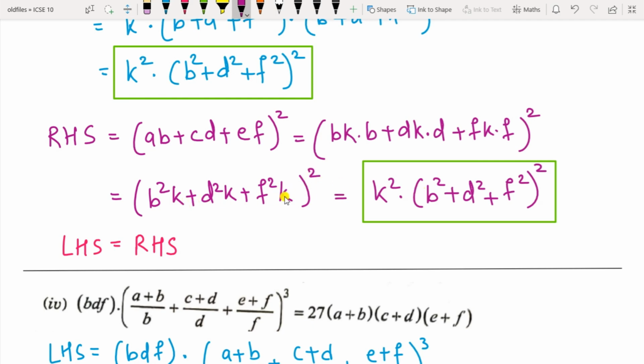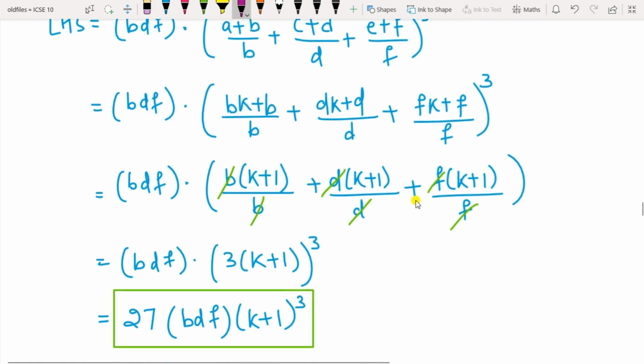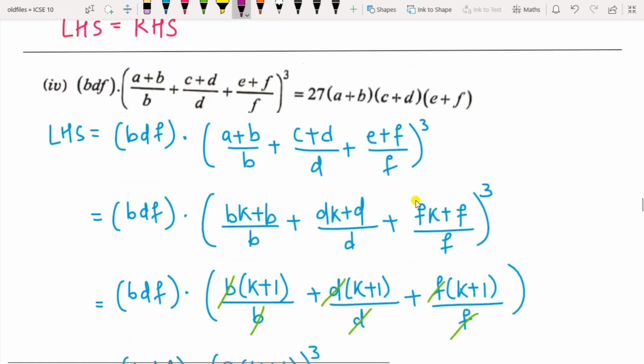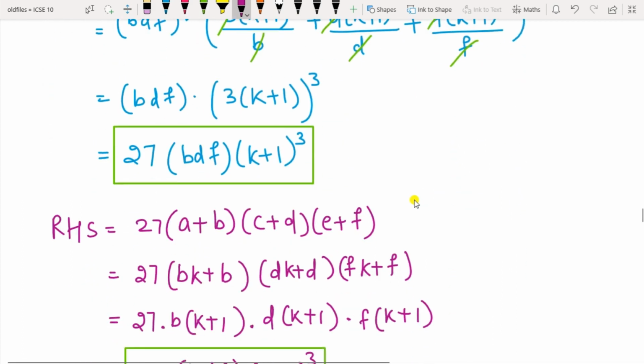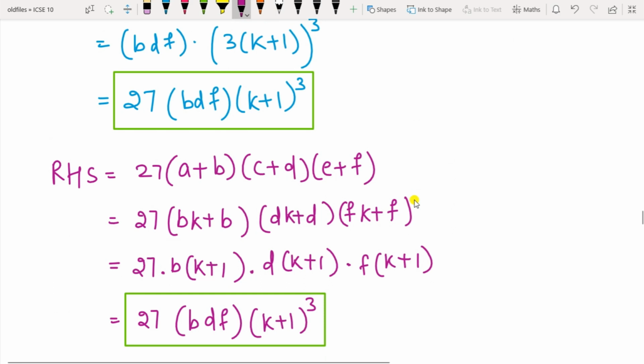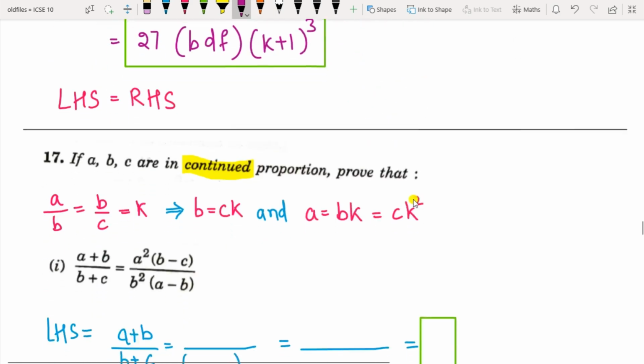So you can take out k common and it will be k square when it moves out of the bracket, and this is your other bracket, so LHS is equal to RHS, hence proved, right? So this is the same value you have to use here for this question also. This is the LHS and this is the RHS.